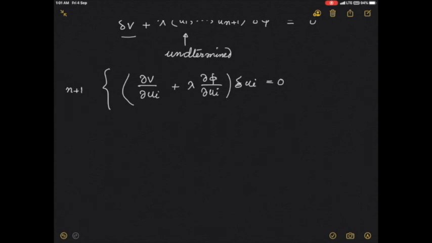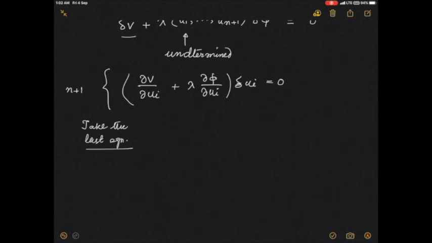Now I have to fix one lambda. I have n plus 1 such equations. I take one of them, any one of them. You can choose the last equation. So take the last one. Okay.